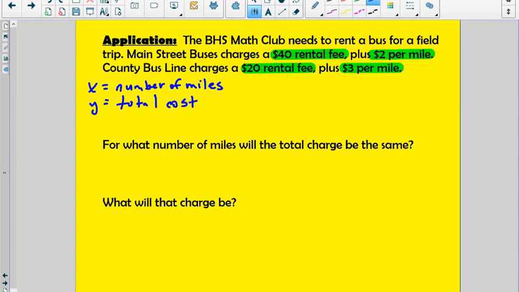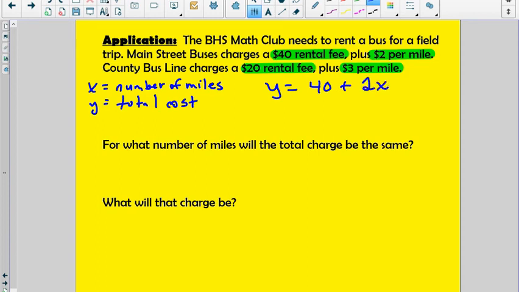So let's think about the first company, Main Street Buses. How do we find the total cost? Well, it's a $40 rental fee. So for each trip, it's just $40, whether it's 1 mile, 10 miles, 20 miles, 100 miles, whatever it is. It's just $40 to rent, plus $2 for each mile.